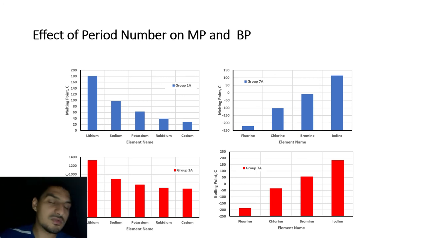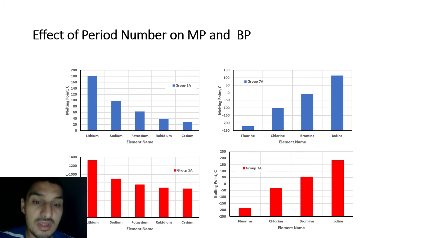If we think about this, we would find that group 7A is very logical. As the element gets bigger, the atoms get bigger, and the atomic weight increases, it is more difficult to change the phase of the big element or the big atom than it is for the small atom.